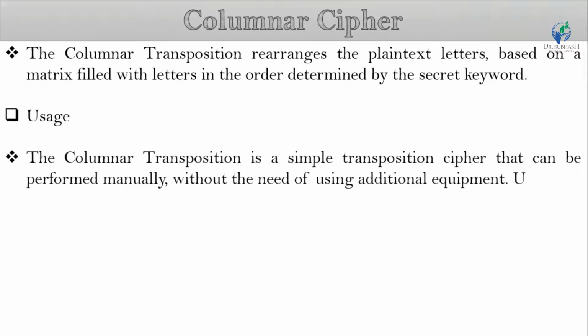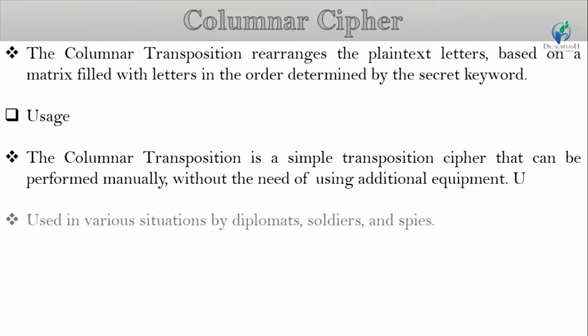The columnar transposition is a simple transposition cipher that can be performed manually without the need of using additional equipment. It was very popular throughout centuries and it was used in various situations by diplomats, soldiers, and spies.